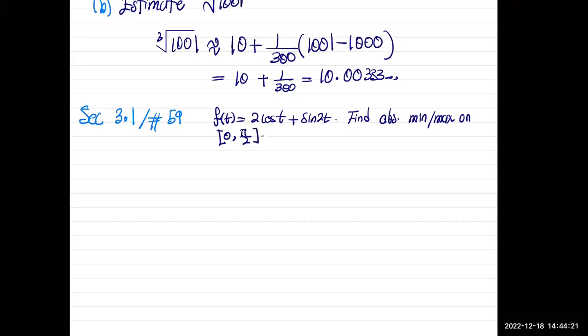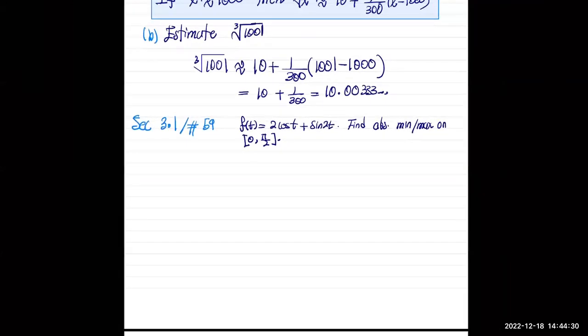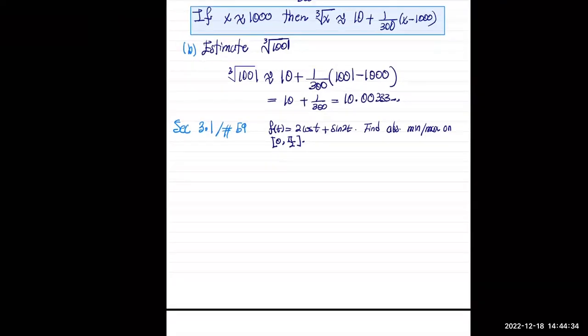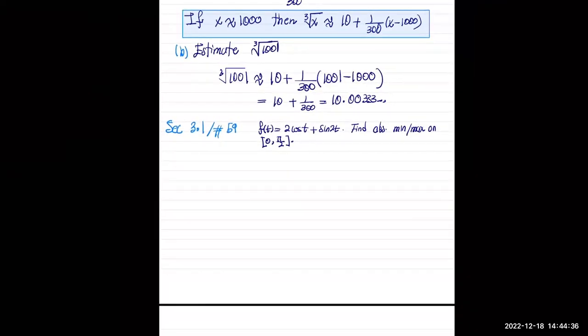Okay. Yeah, this function is continuous. Cosine and sine functions are continuous functions. So on a closed interval, this function is guaranteed to have an absolute min and an absolute max.